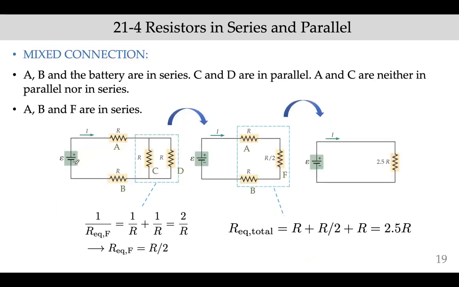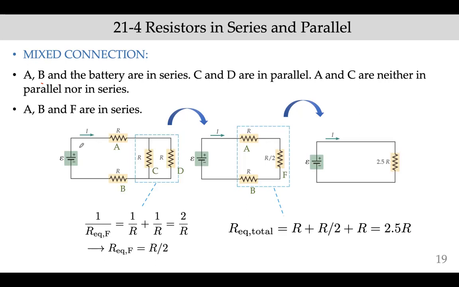Okay, now let's move to mixed connection. A collection of resistors can be connected in series and parallel, but they don't have to be either series or parallel. So there may be mixed connections, some of them parallel, some of them in series. So in this circuit here, A and B and the battery are in series, right?